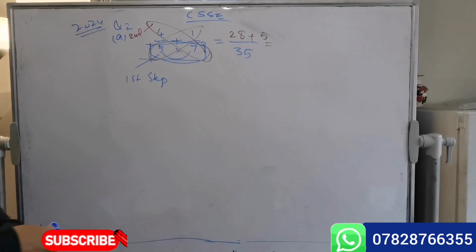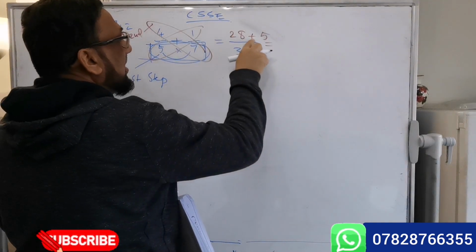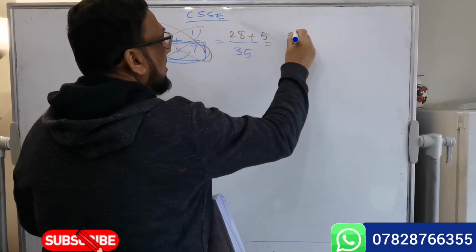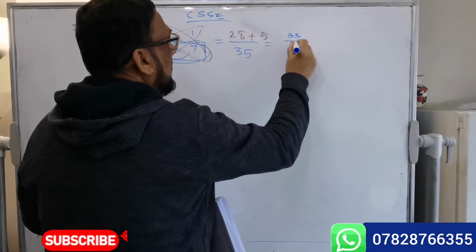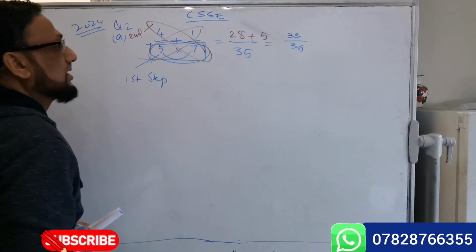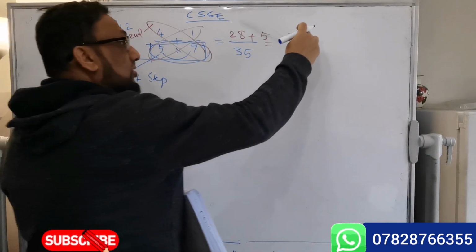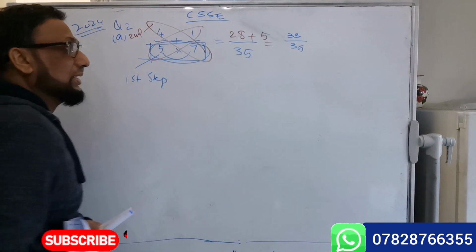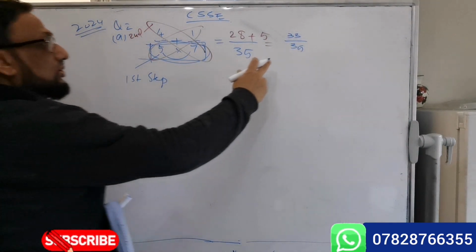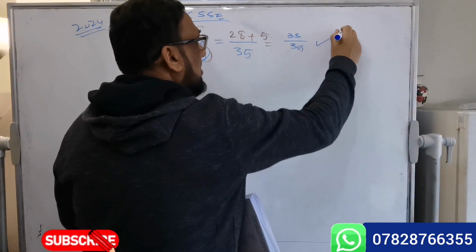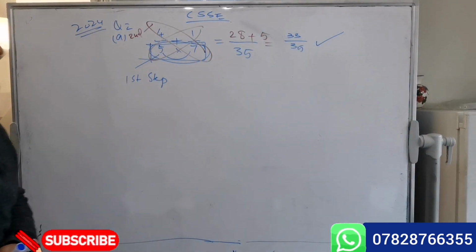It's very simple. You're going to add 28 plus 5, which is 33 over 35. This is your final answer, because the numerator is lower than the denominator and they are not multiples.